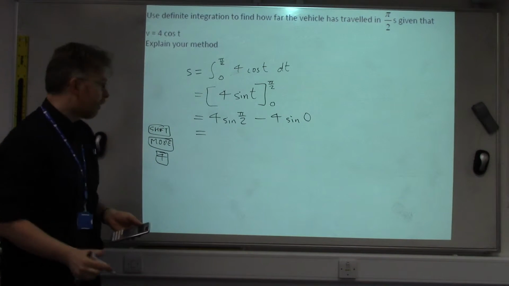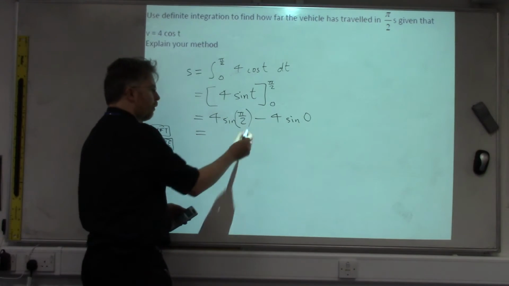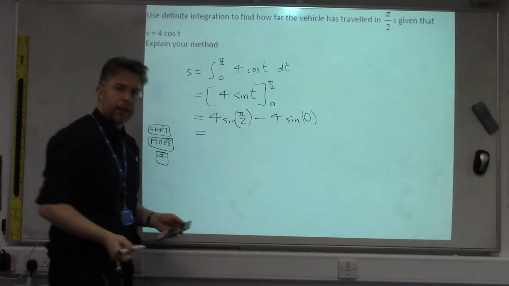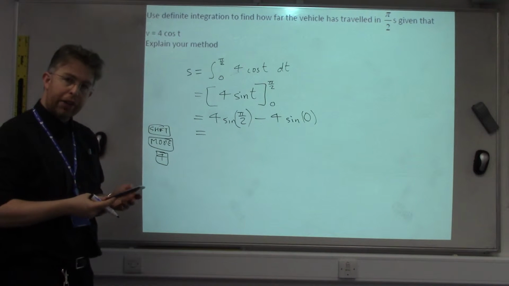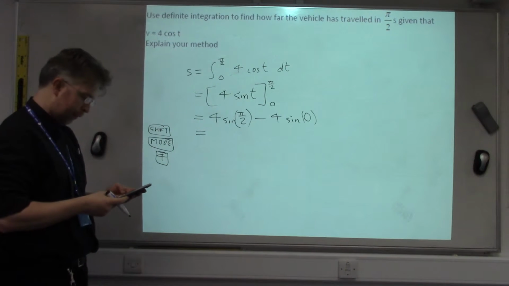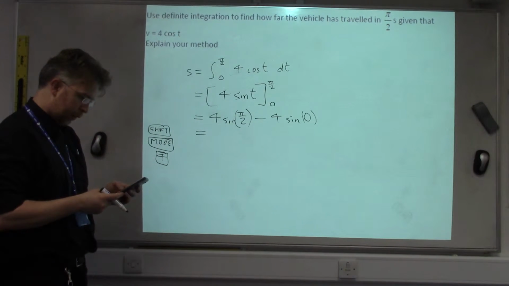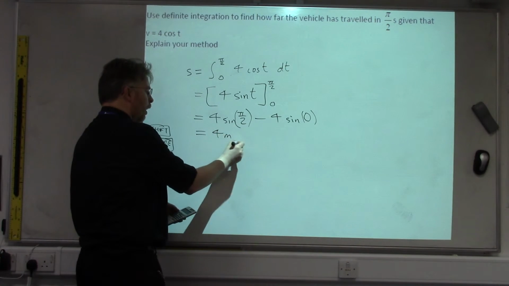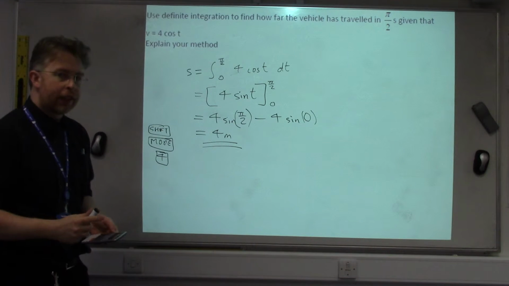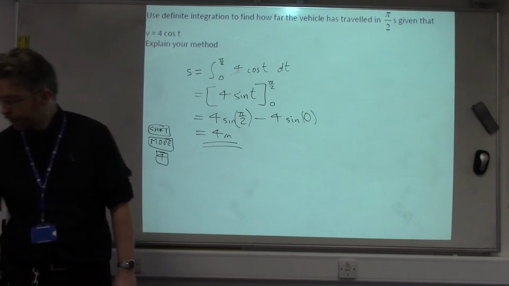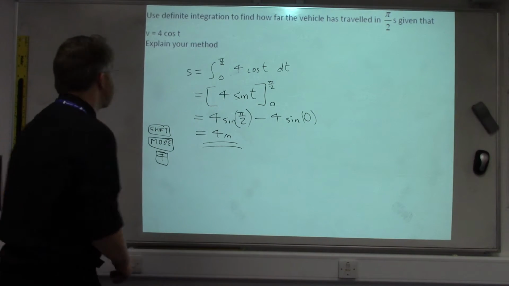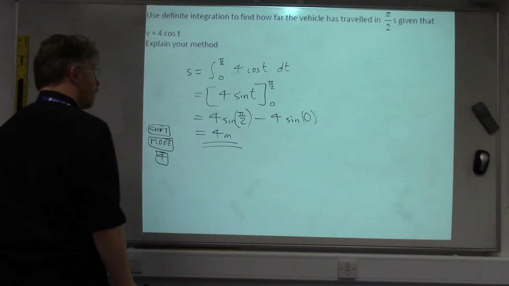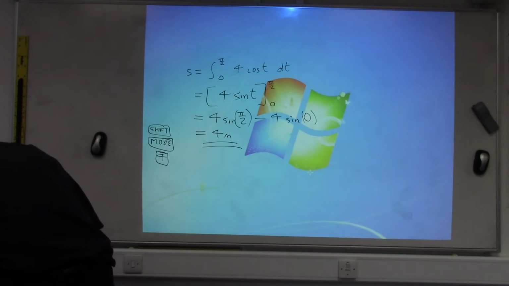Now because of the way the calculators work, you'll need to put brackets around the pi over 2 and the 0, so the calculator knows what it's doing sine of. And it gives us an answer of 4 and the units meters for distance. So that's B6.